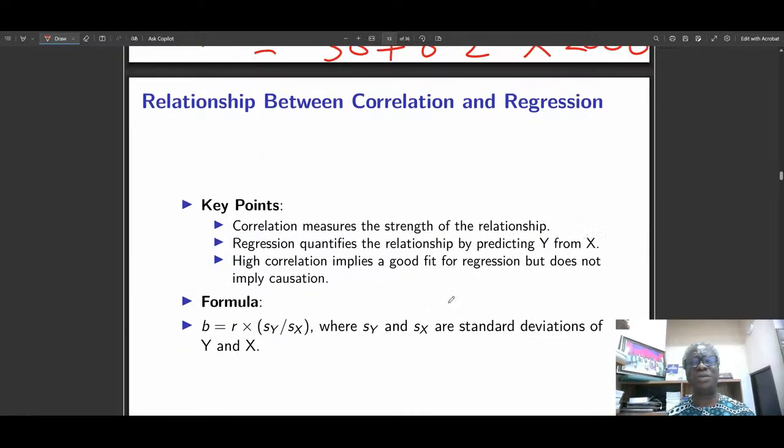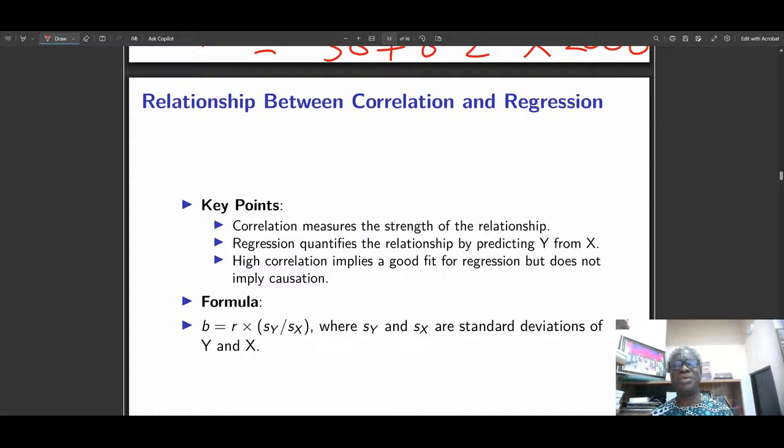Before we close the discussion, it's very important for us to consider the relationship between correlation and regression. Correlation, as earlier mentioned, measures the strength of the relationship.